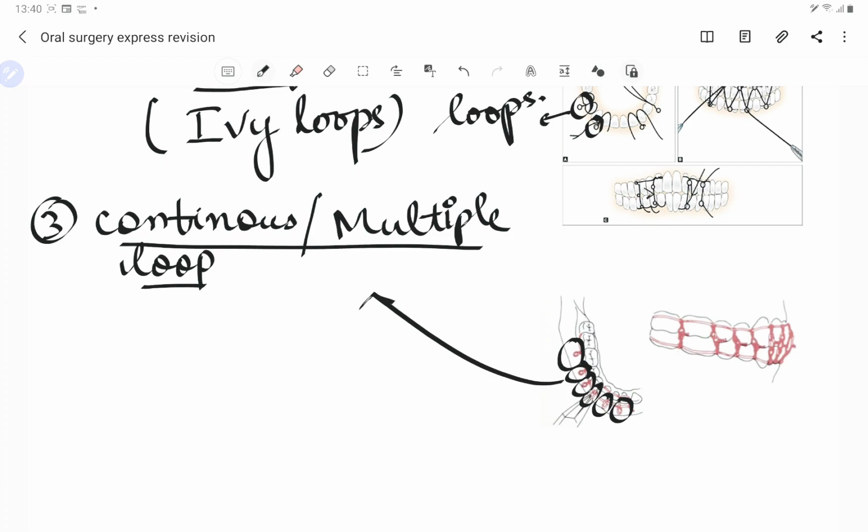And then we wire both of these maxillary and mandibular together later on. So this is the continuous or multiple loop, wherein we continuously make the loop and then pass the wire through the loop, and then both the maxillary and mandibular teeth get in occlusion and then we fix it.